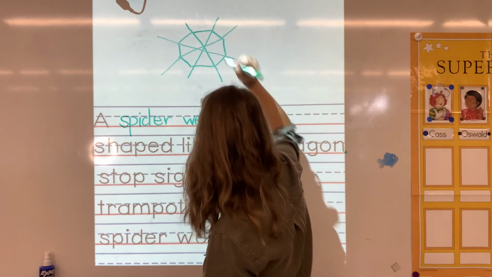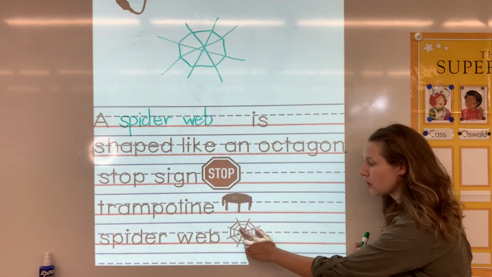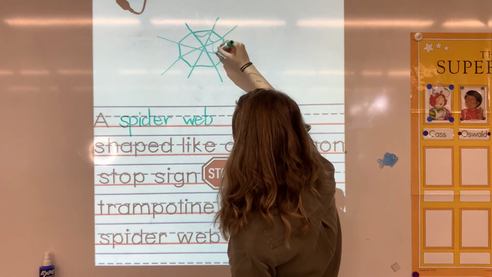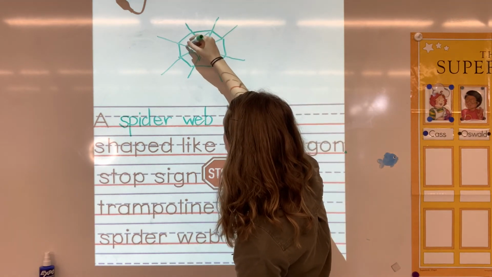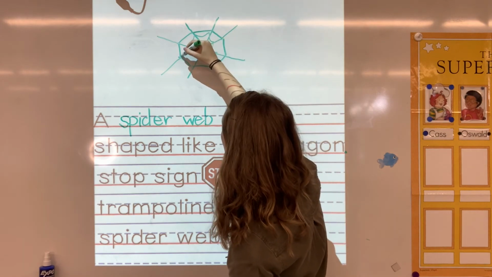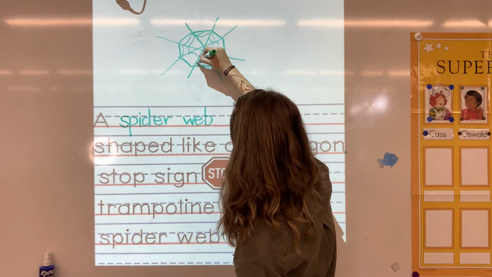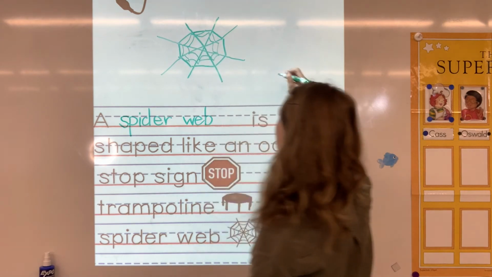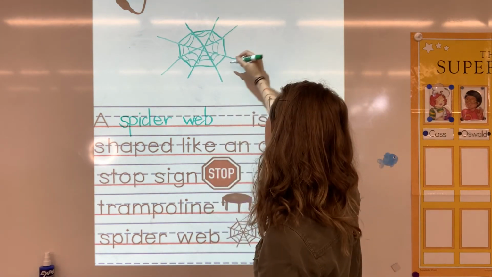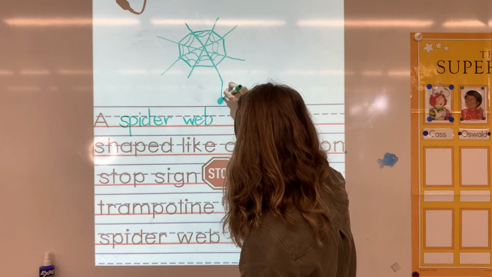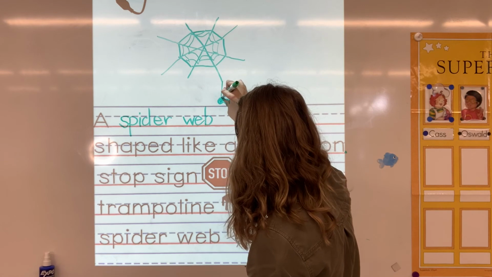And the trick to drawing spider webs is to draw those little curves on the inside to make it look like all those lines are connecting. So I'm going to draw my curves to give it that spooky spider webby look. And maybe, since it is a spider web, I'll even draw a spider dangling down from it to give him lots of leggies.